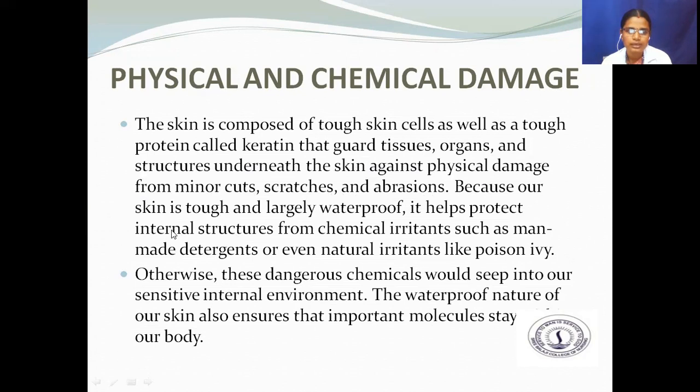Because our skin is tough and largely waterproof, it helps to protect internal structures from chemical irritants such as man-made detergents or even natural irritants like poison ivy. So we are protected from physical and chemical damage. It protects our internal structures.